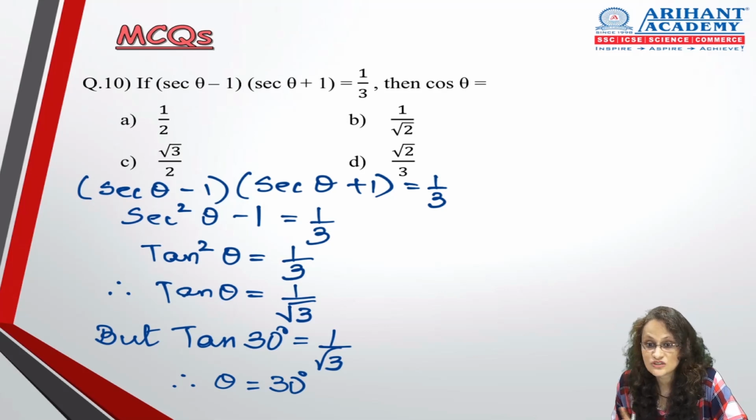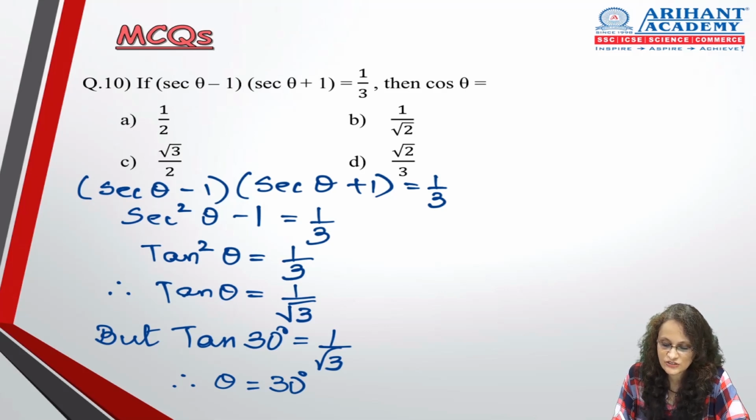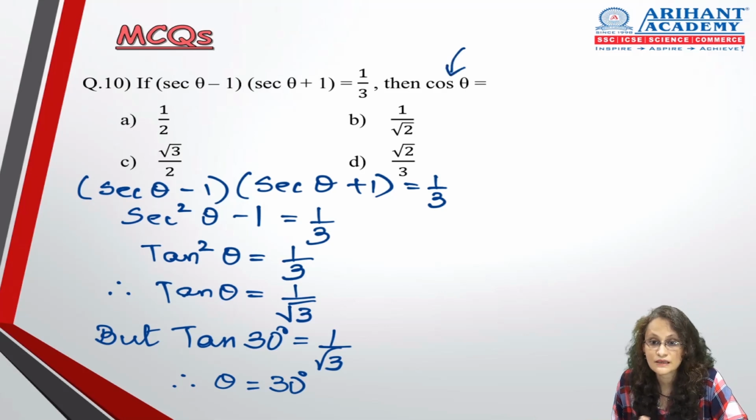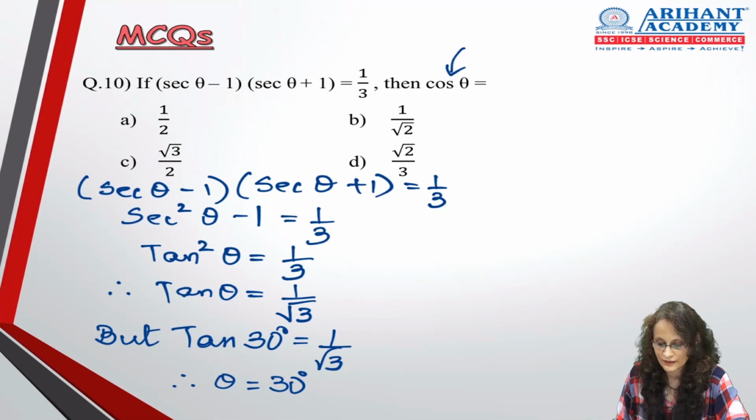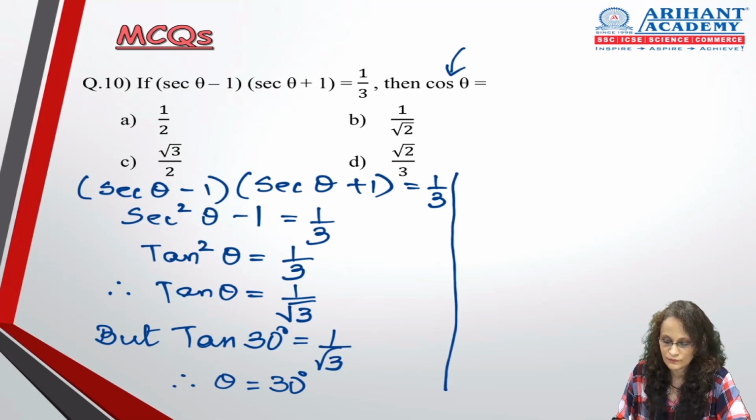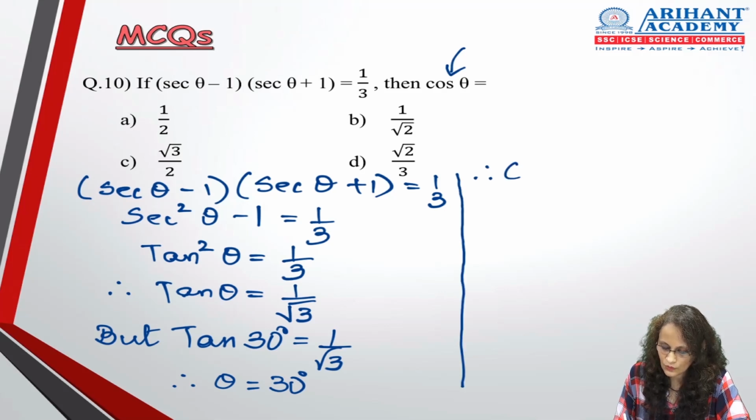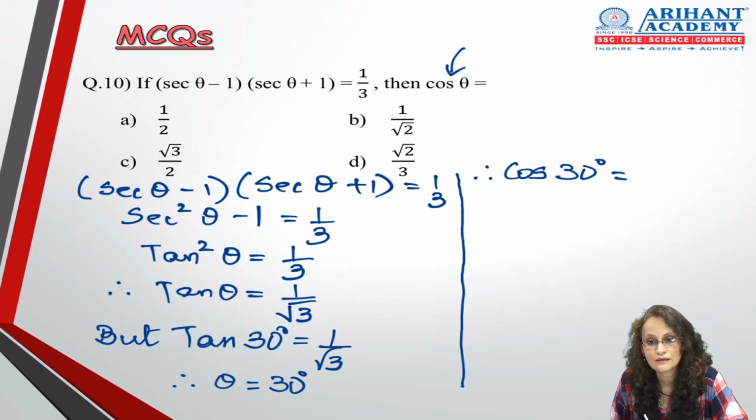लेकिन हमको theta नहीं चाहिए. What do we want? See your question. You want cos theta. तो theta आने से काम ख़त्म नहीं होता. हमको cos theta ढूंढना पड़ेगा. ठीक है? So let me proceed further. So therefore cos 30 degree is what I need because theta तो 30 मिल गया ना. अब theta के जगह 30 सब्स्टिट्यूट करेंगे.